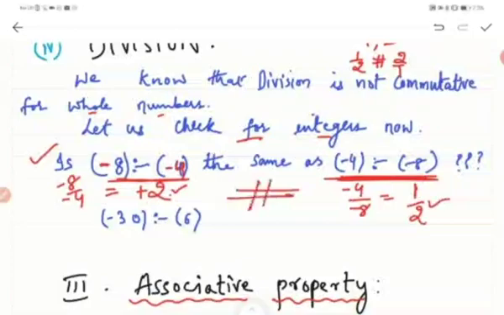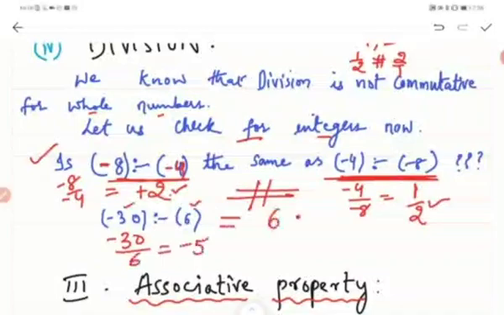Okay, let's take one more example to have a clear understanding. We have 30 divided by minus 6. What is the answer for this? It is minus 5. Tell me, is it the same when we apply the commutative property? I'm just interchanging 6 and 30: minus 6 divided by 30. What is the answer for this?